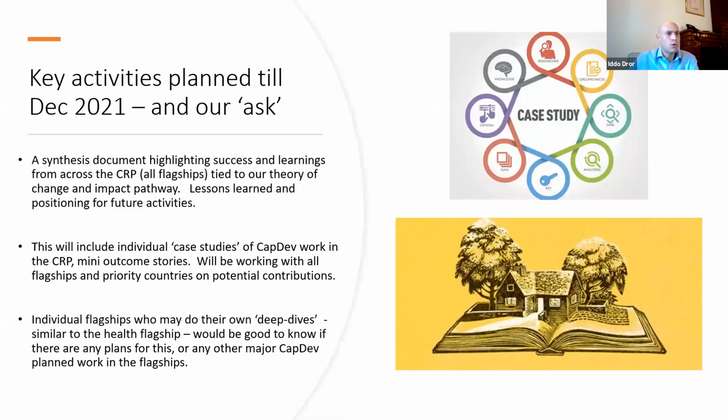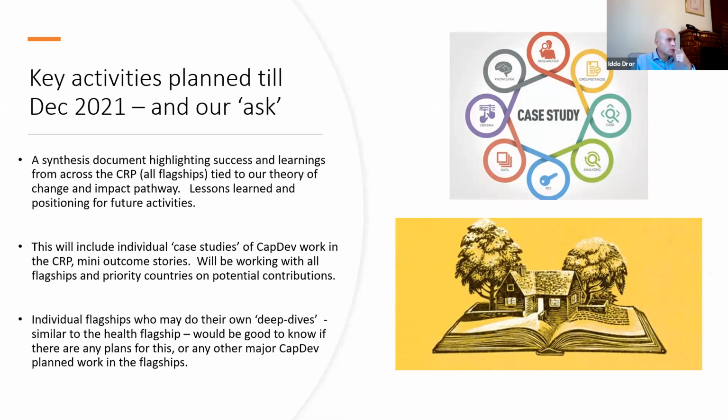So I'll go ahead and share the final presentation slide on the capacity side, which is what we plan to do between now and December 2021, and what we ask of you.